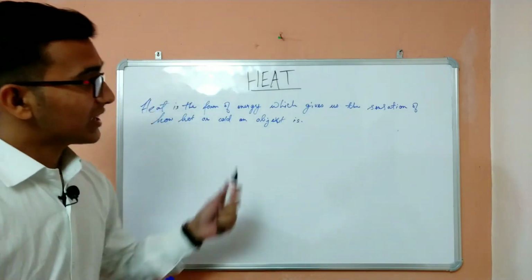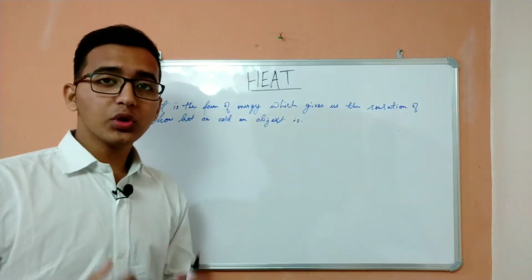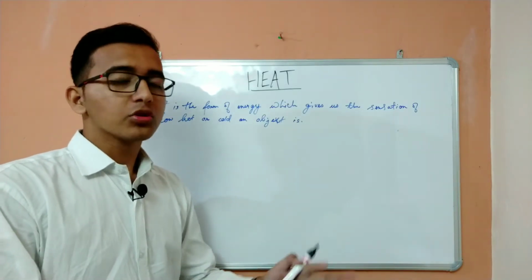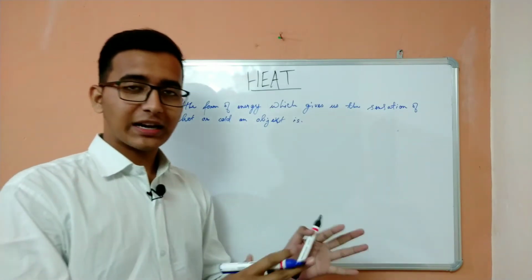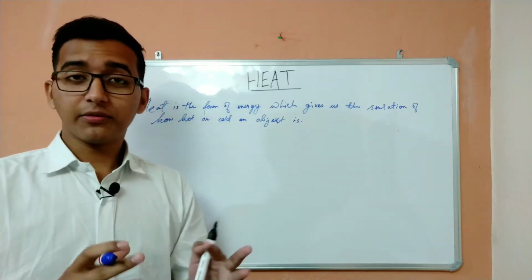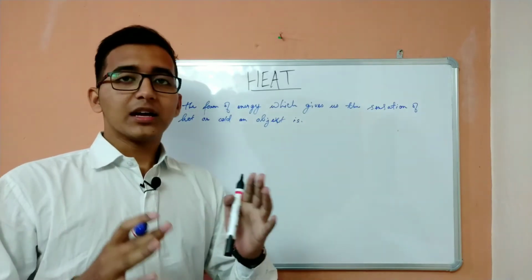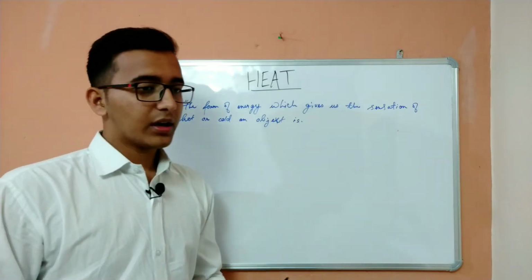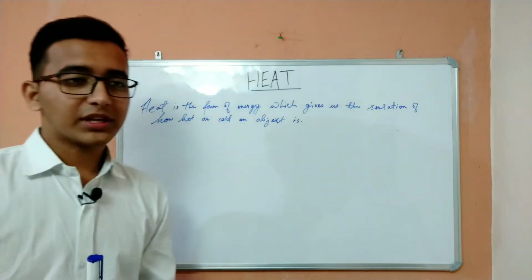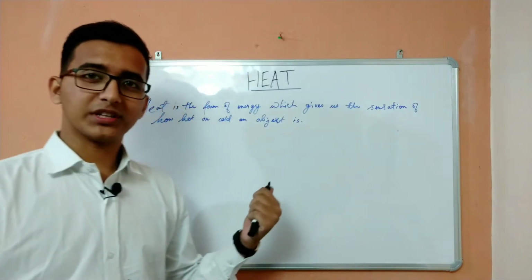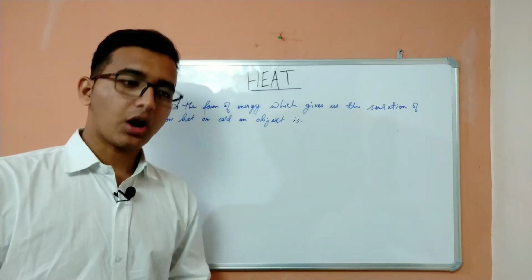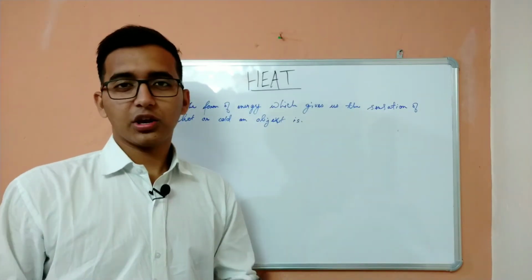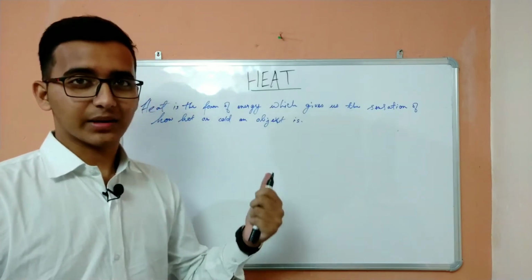It basically means the sensation that you get through touch, through the feel, without even touching it. Sometimes there could be a hot metal right in front of you and you will be feeling really warm in front of that metal. That is heat. So you cannot just say that something that is hot is referred to as heat, because something that is not that hot or something that is cold can also be referred to as having some heat.